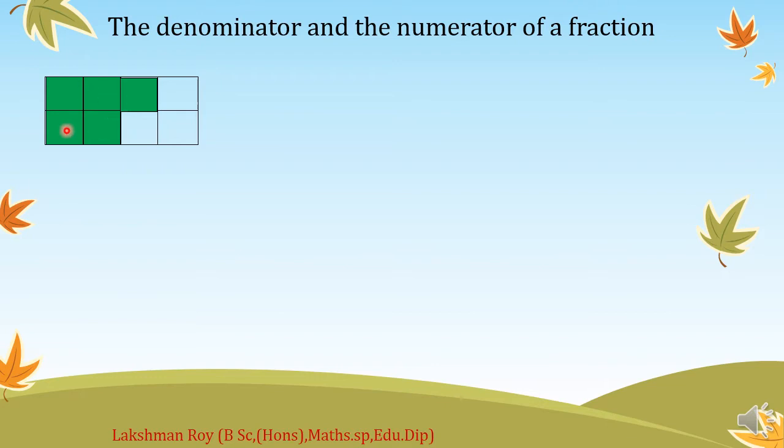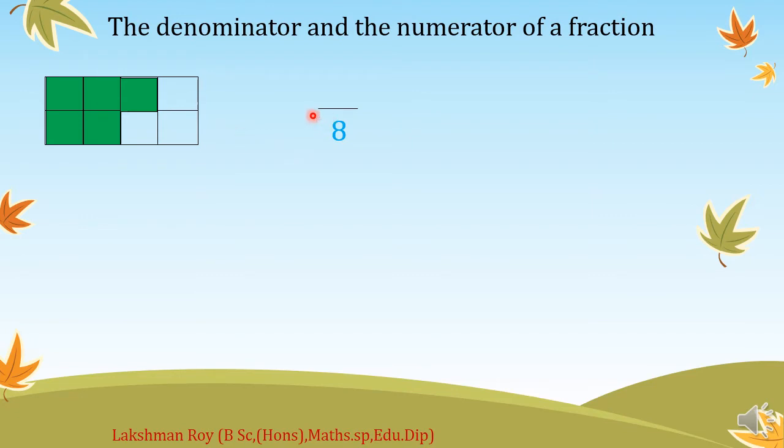Now I want to represent this colored part as a fraction, right, from this whole figure? Now let's see how to represent in this fraction. If you write a fraction, you need a line, then you have to write two numbers, right? What is the number below this line? That is the number of parts divided in this whole figure. How many parts divided? That is divided into 8 parts, right?